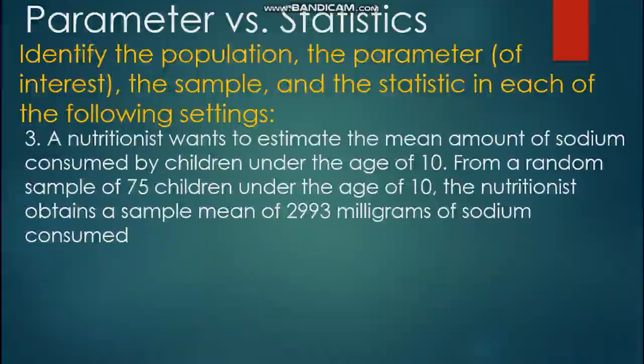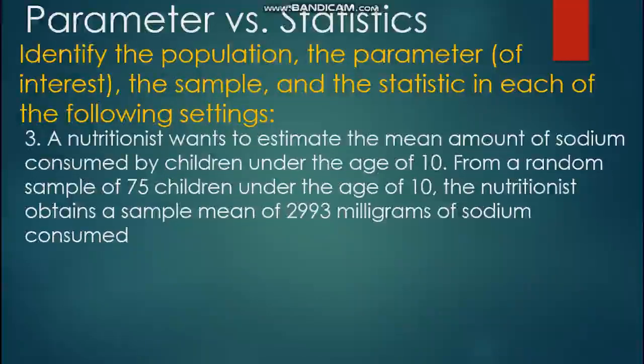A nutritionist wants to estimate the mean amount of sodium consumed by children under the age of 10. From a random sample of 75 children under the age of 10, the nutritionist obtains a sample mean of 2,993 milligrams of sodium consumed. So, anong population natin dito?